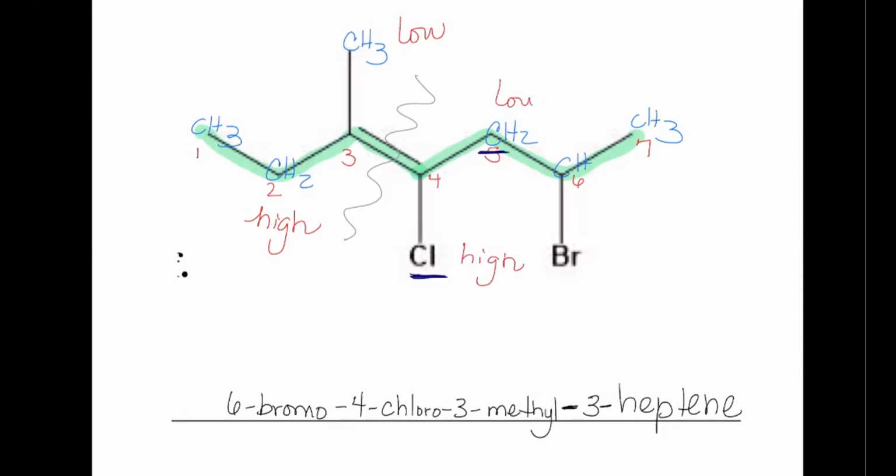The carbon gets the low priority group. Okay? So that means that my highs and lows are pointing in the same direction. The highs are on the top, the lows are on the bottom. So is this cis or trans? Great job. Questions about alkenes and how do we determine if they're cis versus trans?